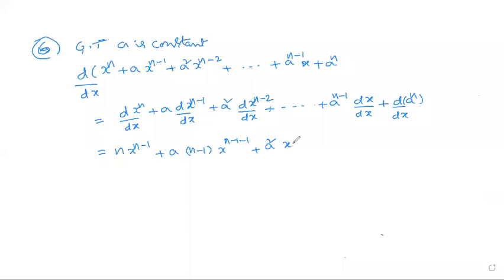For x^(n-2), the power comes before and the power is decreased by 1, so (n-2) into x^(n-3), plus dotted plus a^(n-1) into dx is cancelled. The derivative of the constant a^n is 0.